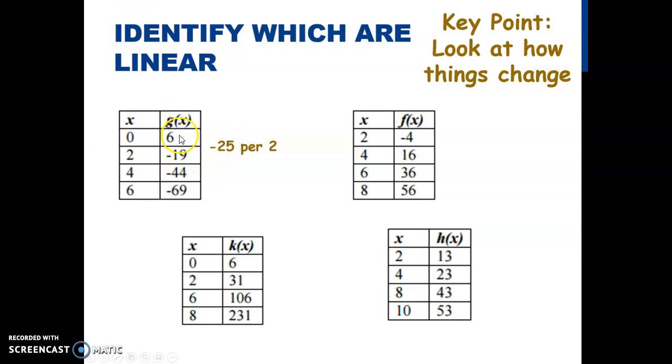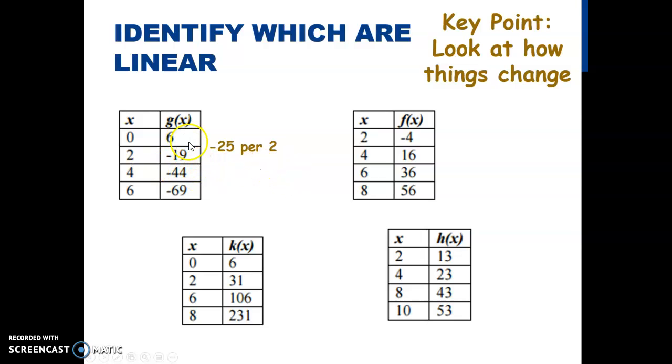So I'm looking at this first data table up here on the left, and I'm looking at the change in the y values, the function itself, and I'm seeing that this is going down 25. But when I talk about change, I have to keep track of how the x's are changing as well, because not every table of data has the same increment of change for the x's all the time. So you have to be careful about your data points.